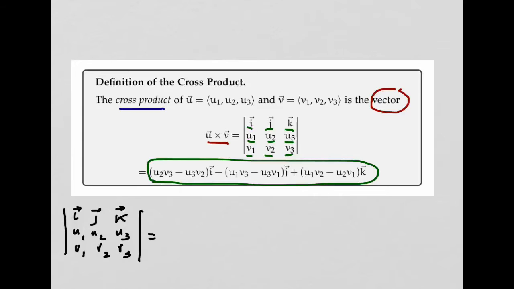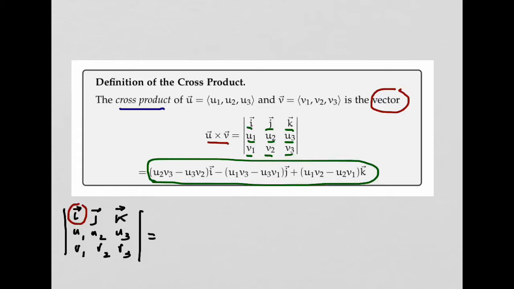Let me remind you of how to compute a 3 by 3 determinant, particularly this determinant that we have for the definition of the cross product. There are different ways of computing a 3 by 3 determinant. One way is to expand along the first row. So I'm going to look at the entry in the top left corner, the entry i.